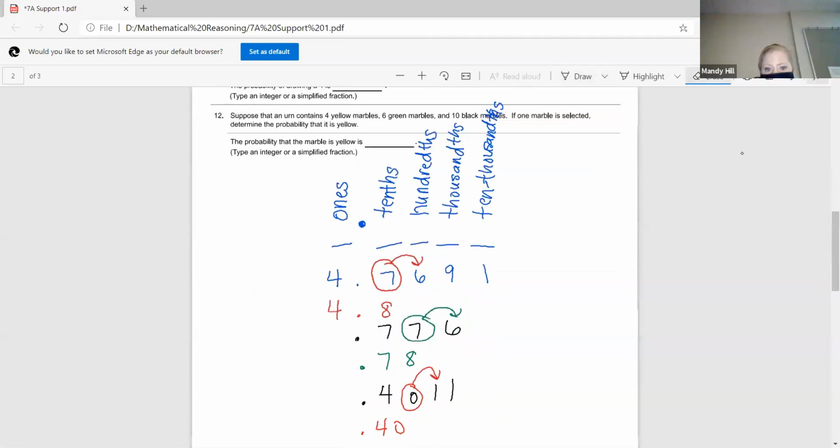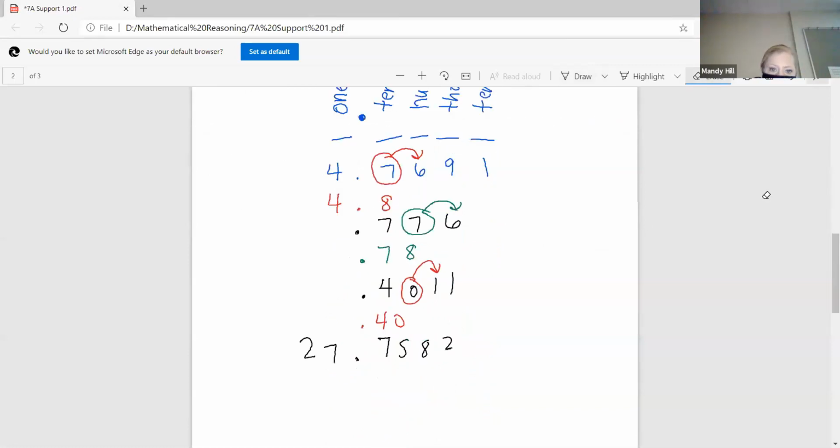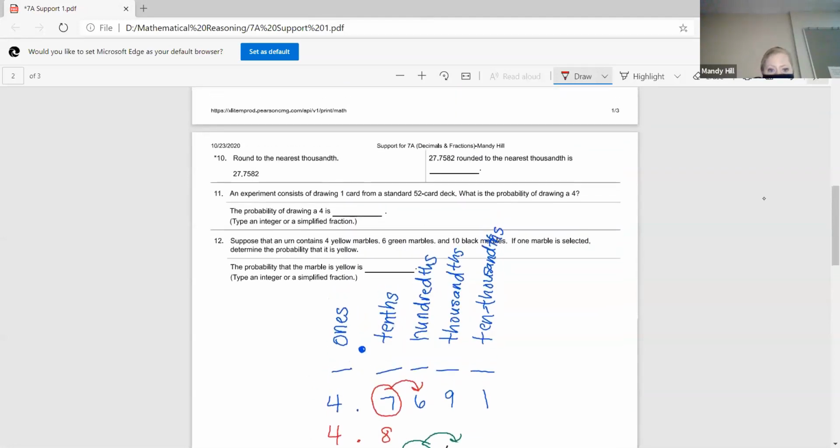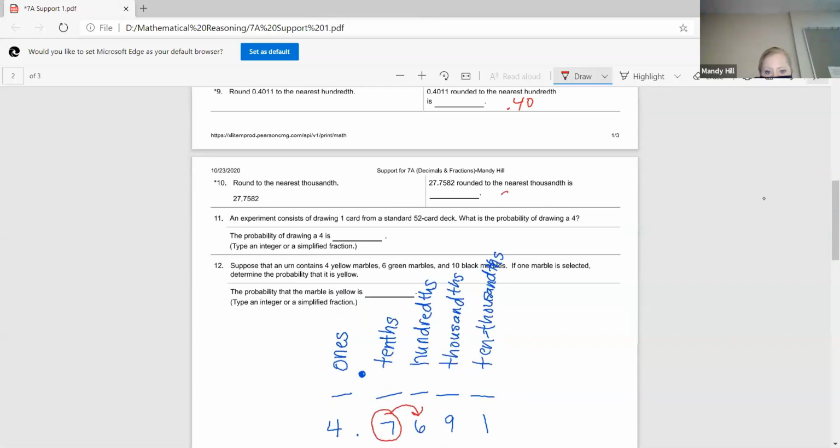So now we're going down to this third position. That's the one we want to circle. Look at the number next door. If it's not 5 or bigger, it stays the same. So this is going to be 27.758. Okay, we're good with that.